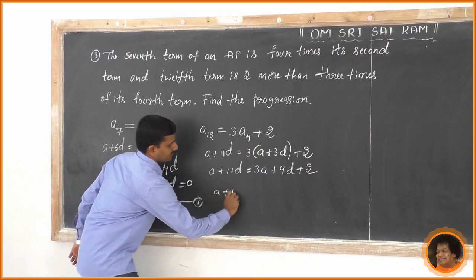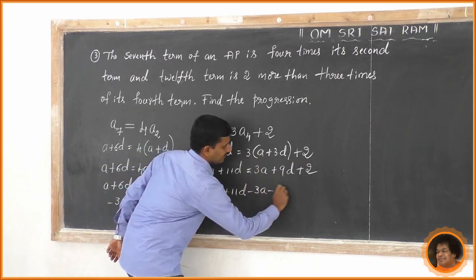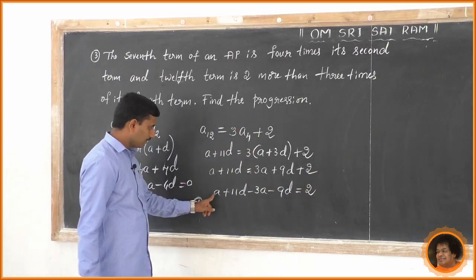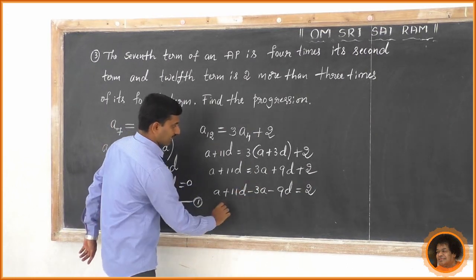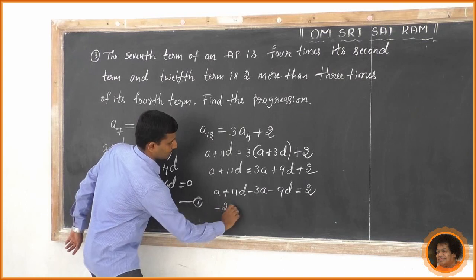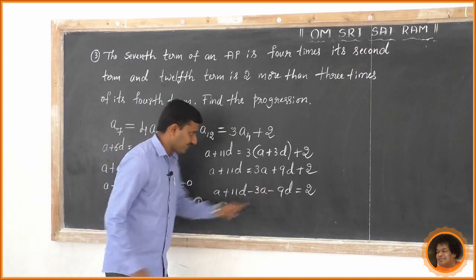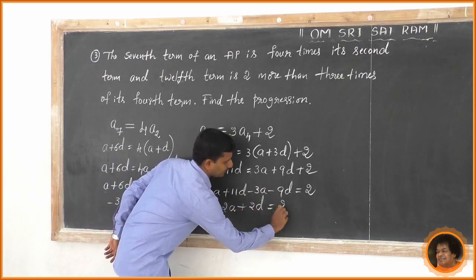Or A plus 11D minus 3A minus 9D equals 2. A minus 3A is minus 2A, plus 11D minus 9D is plus 2D, equal to 2.